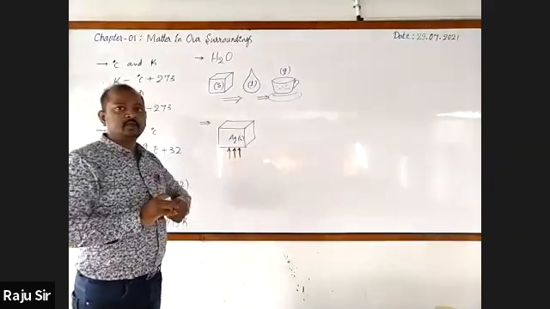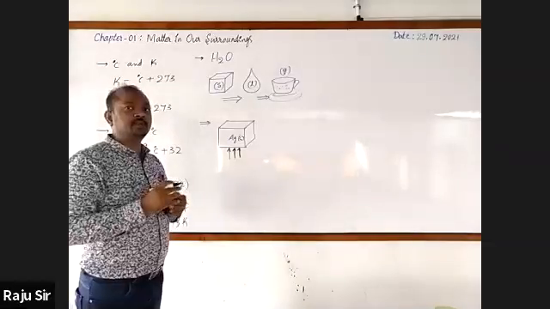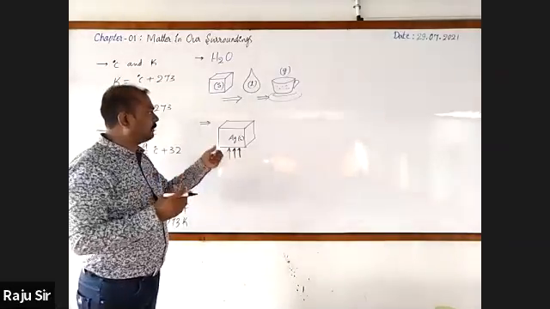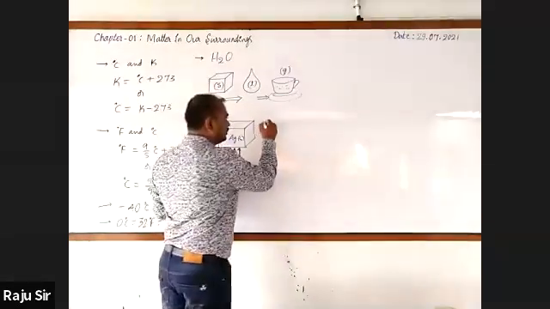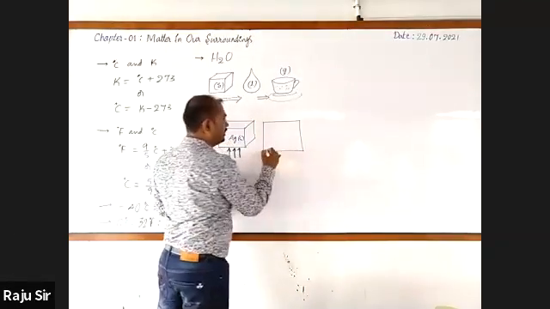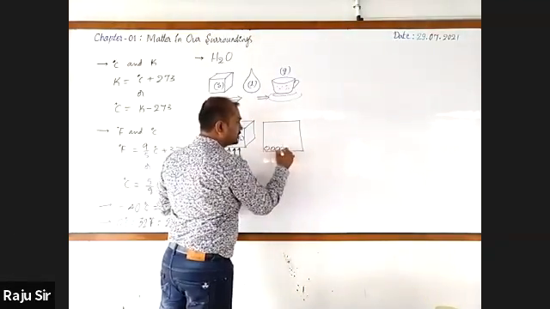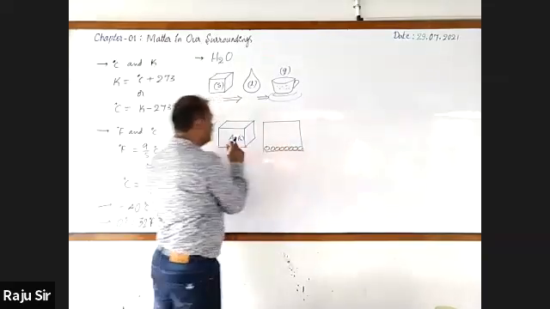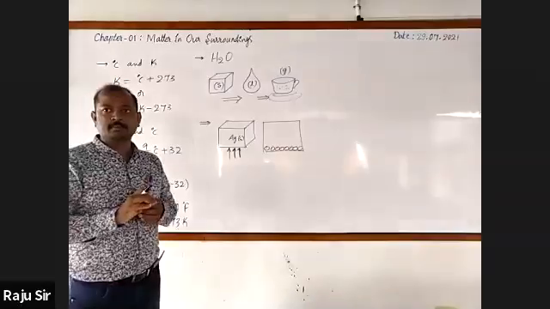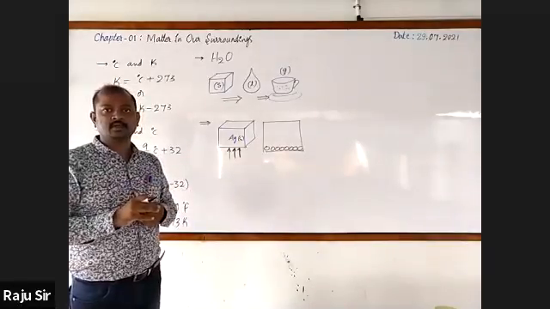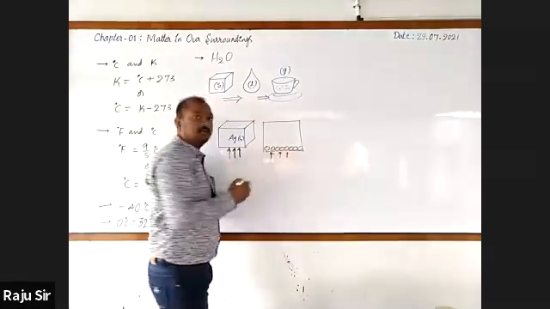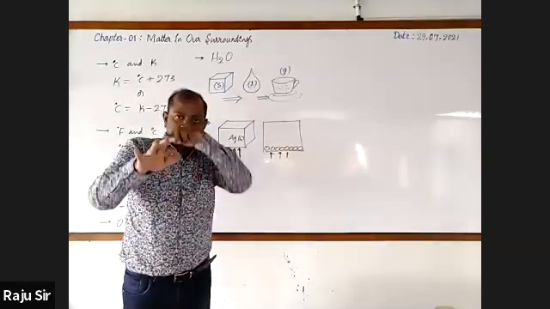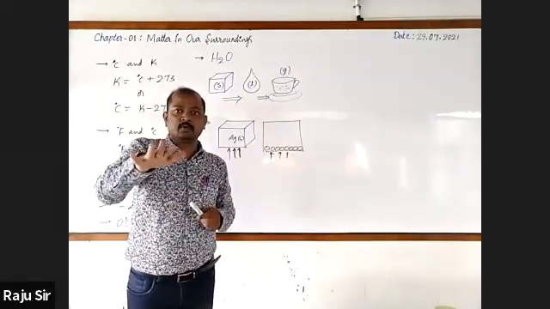When heat is being given, what actually happens inside the solid? Let me tell you. You all know that the particles of silver are held together tightly because it is in solid state. When heat is given to it, these particles start vibrating more and more.